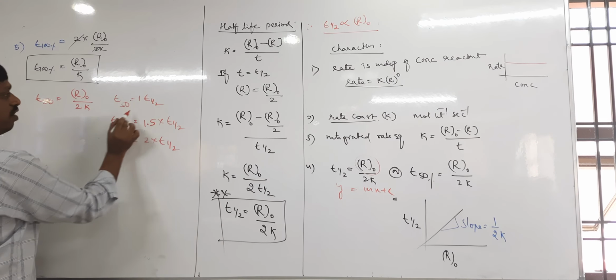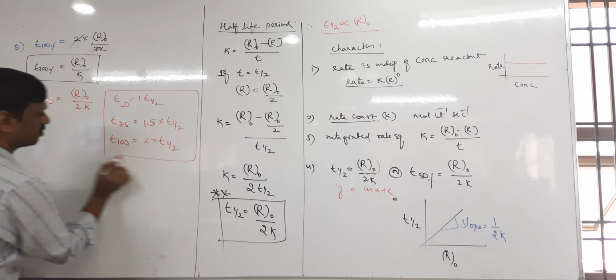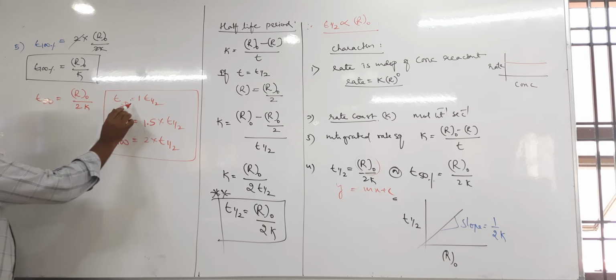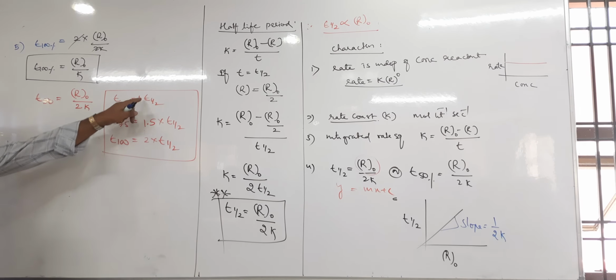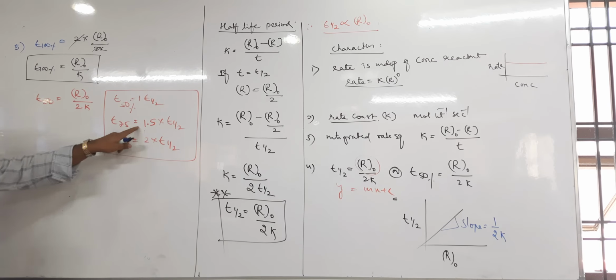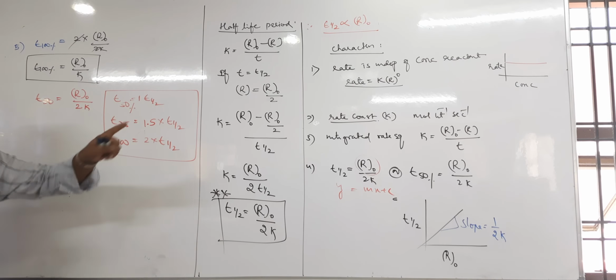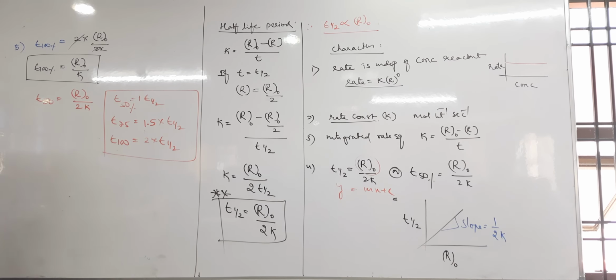So T50% equals 1 T half, T75% equals 1.5 T half, then T100 equals 2 T half. It can be written.